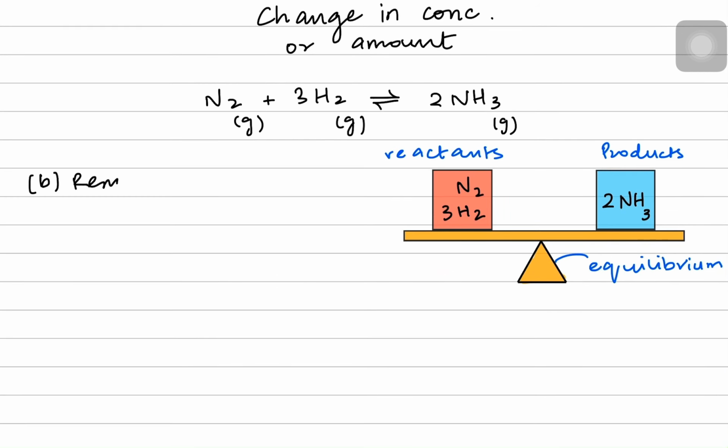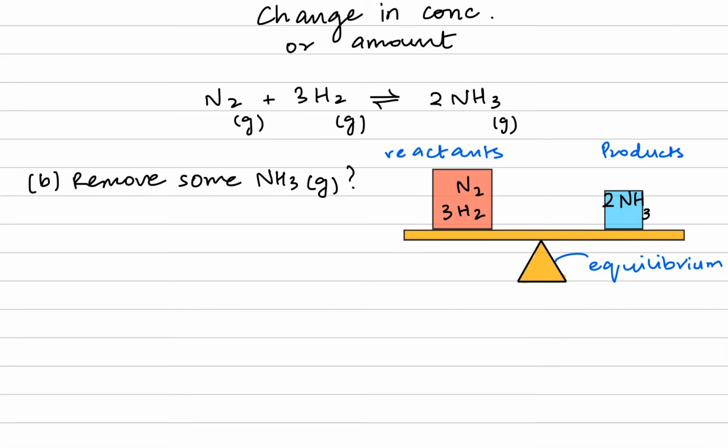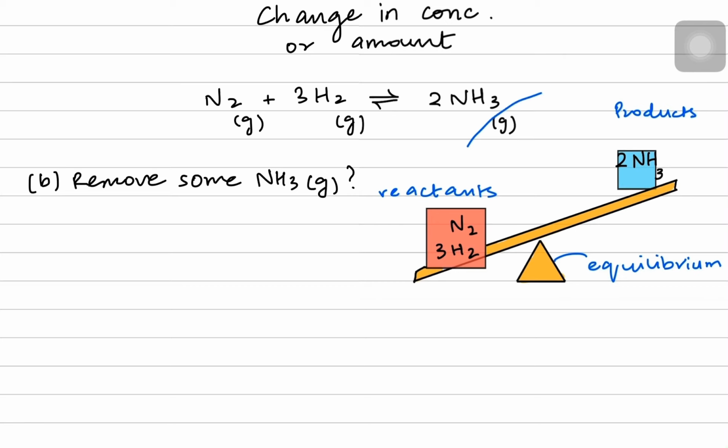Imagine in another scenario, we are removing some of the ammonia from the chemical equilibrium container. When we remove ammonia, the amount of ammonia in the container decreases and again there is less stability. To compensate, the equilibrium will again try to make more ammonia so that they can become equal.